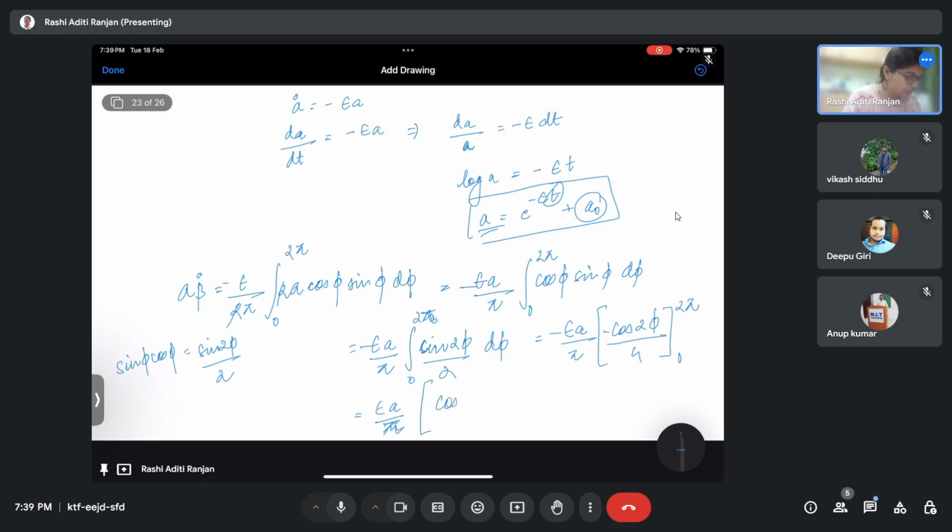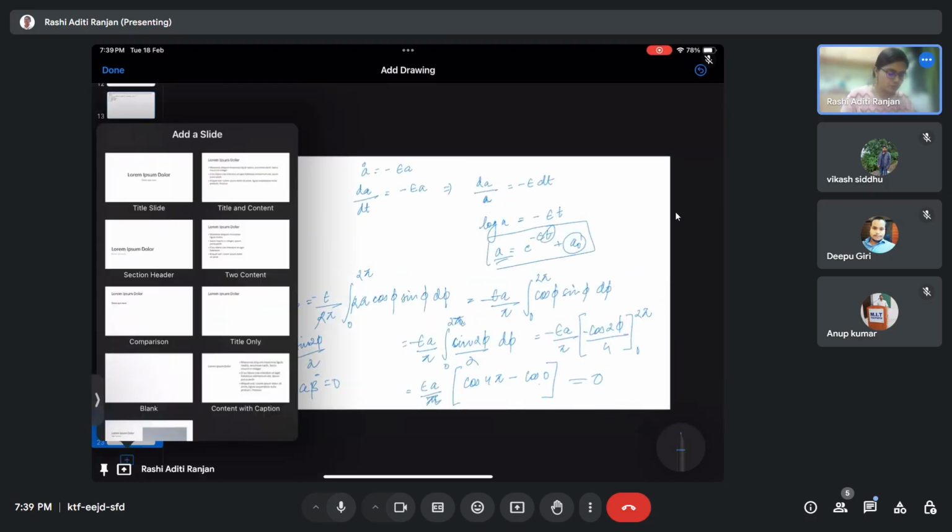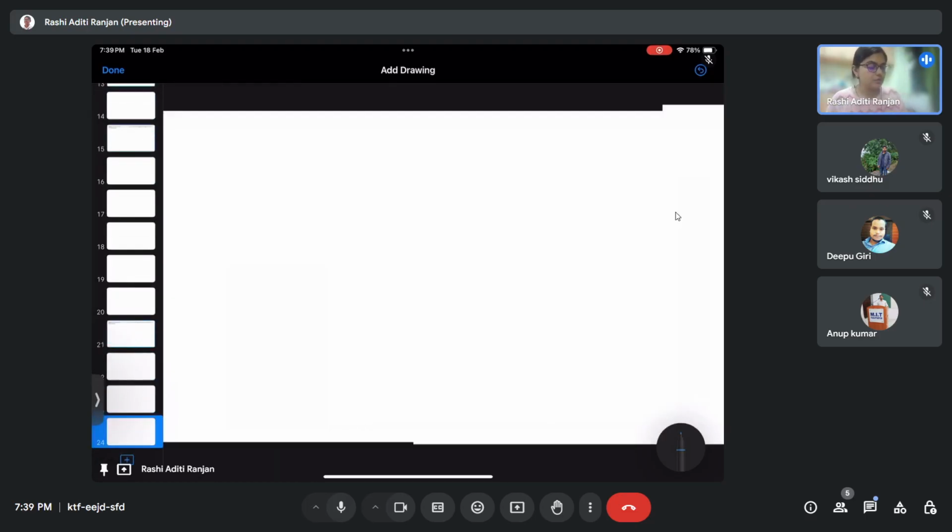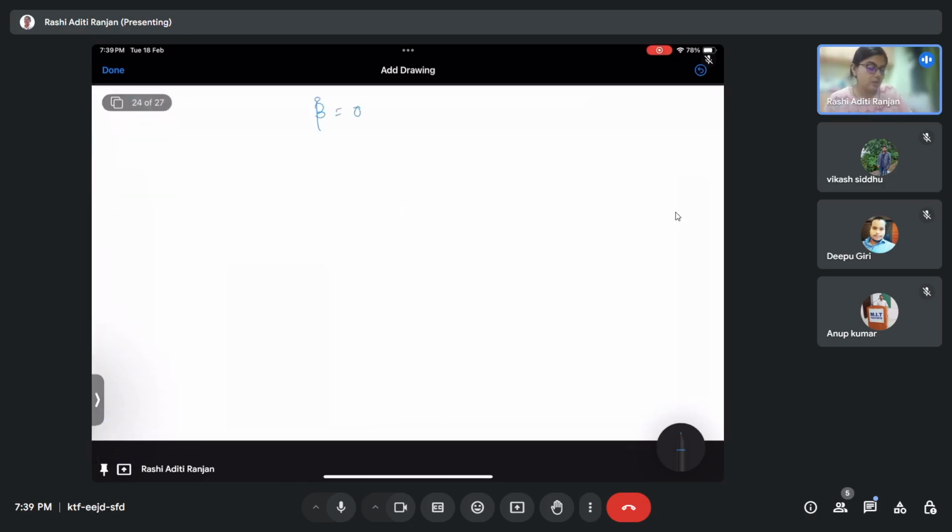Cos of 4 pi minus cos of 0, which is nothing but 1 and 1. 1 minus 1, 0. So this is going to be 0. So my A into beta naught is 0. Since my A is not 0, definitely this is 0. So B is equal to beta naught, constant with respect to time. Okay.